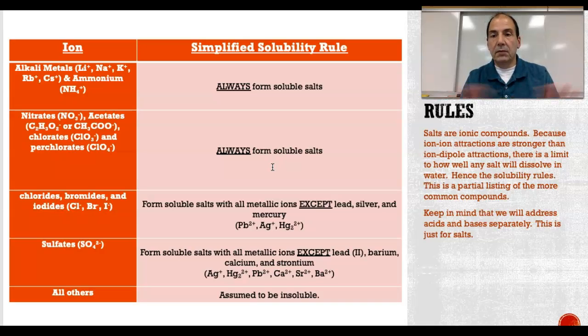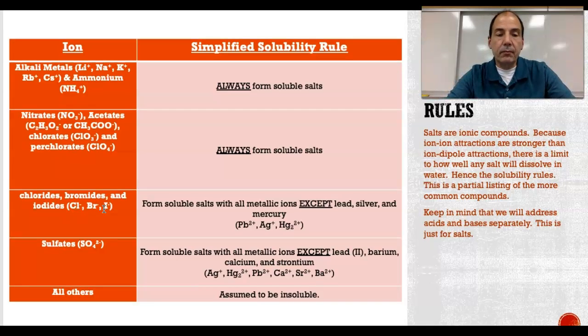I've never seen that issue, and I'm not going to try and trip you up with that either. So if it's lead 2 chloride, silver bromide, mercury 1 iodide, or some other combination, those are going to be insoluble, which means they will not dissolve in water. And ionic compounds are typically solids at room temperature, so if they're not in water, then we expect them to be solid. With sulfates, we see some of the same.